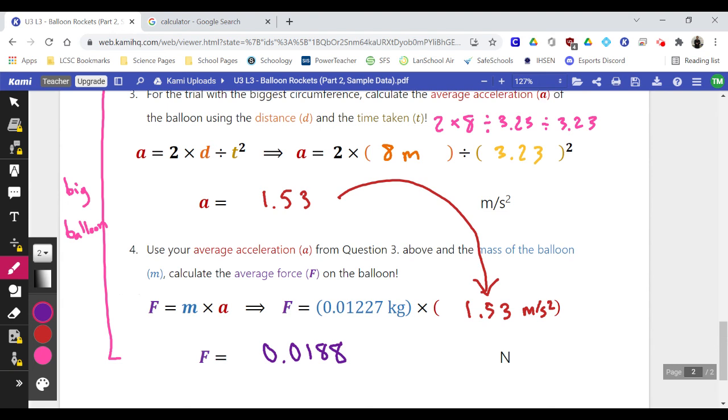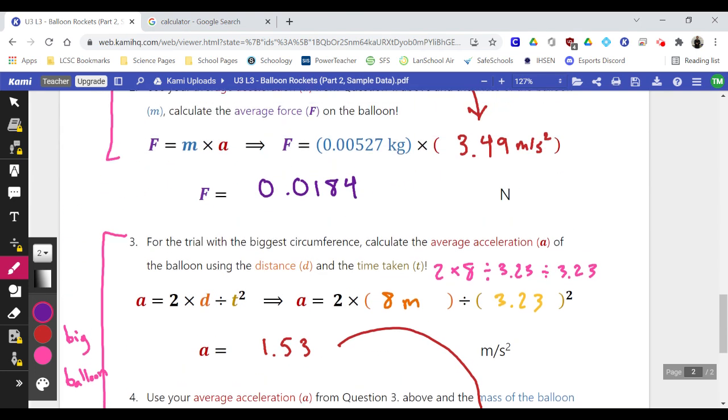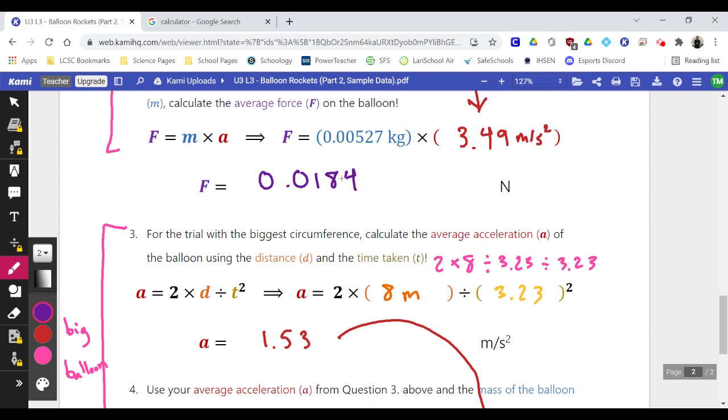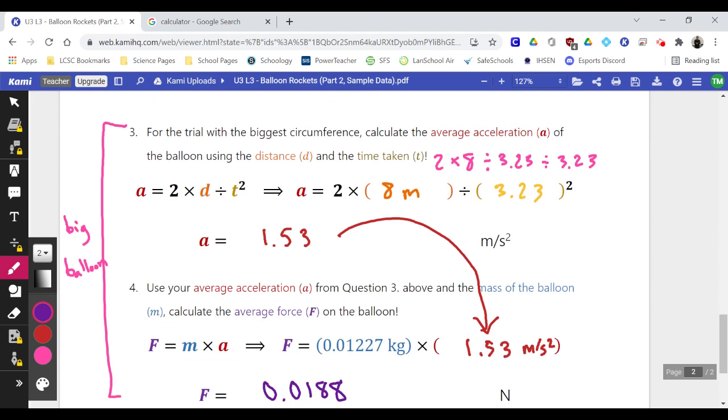As the air goes out the back, the balloon gets pushed to the front and goes forward, toward the other end from where the air is coming out of the open end. So our air can only escape the balloon so quickly, and that limits how much force we can put on the balloon.